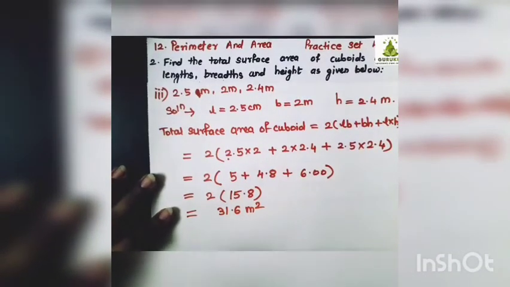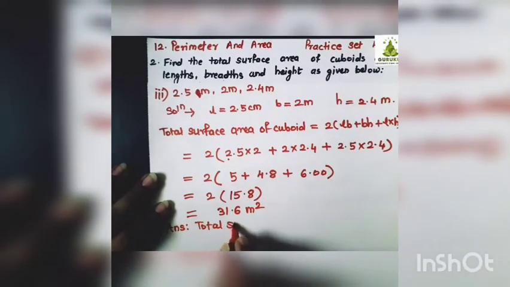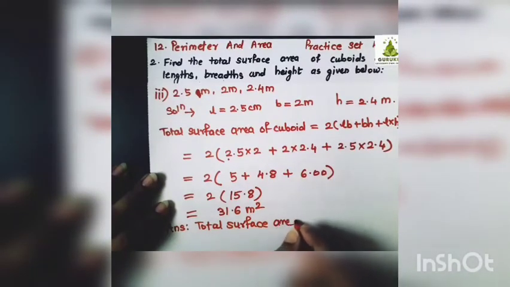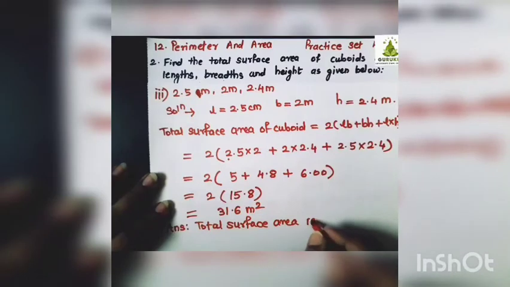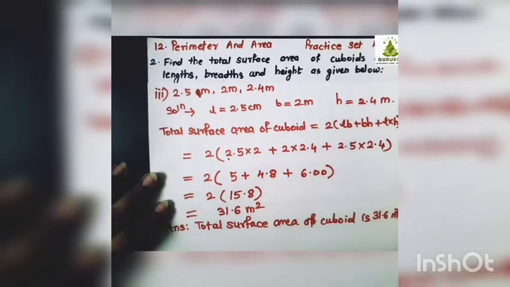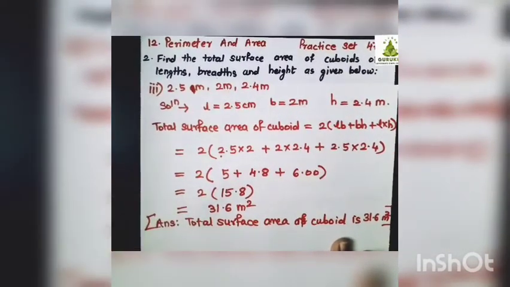So final answer will be total surface area of cuboid is 31.6 meter square. This is the final answer. Okay, so this is the third sum.